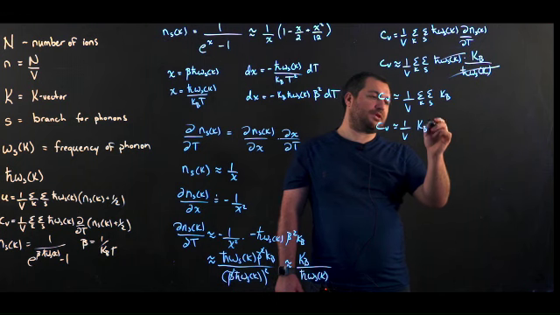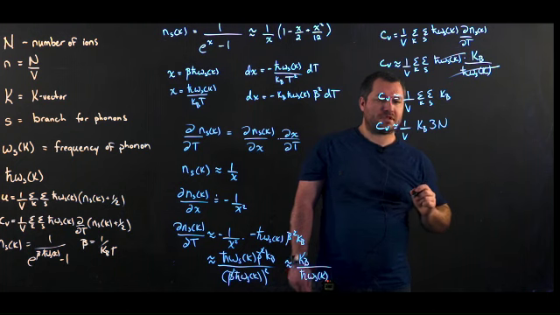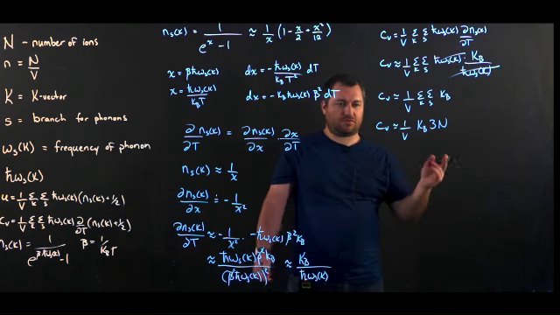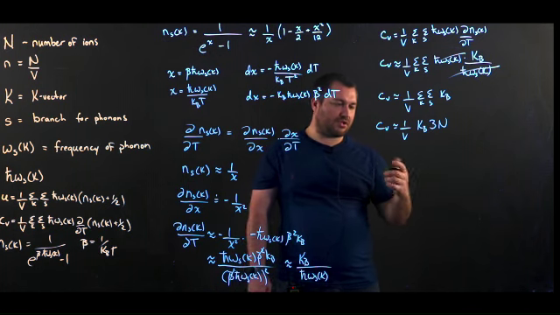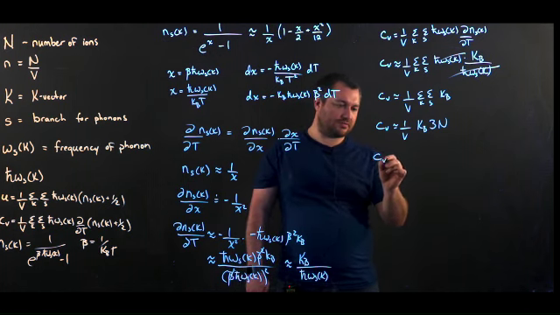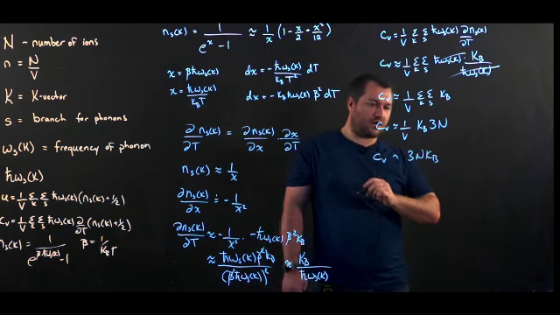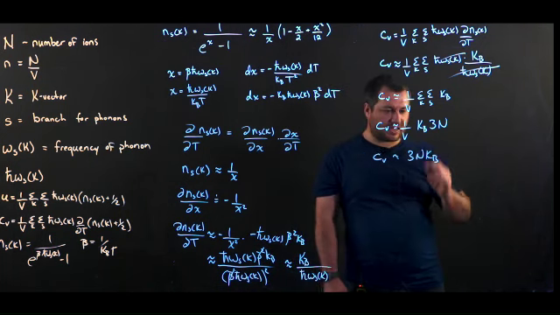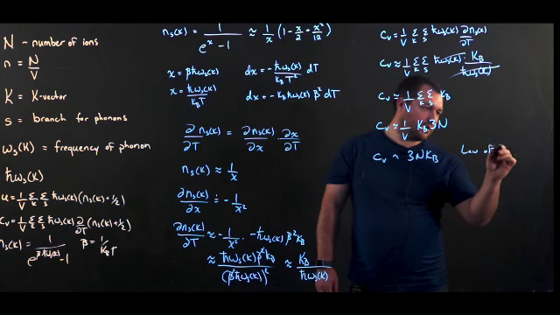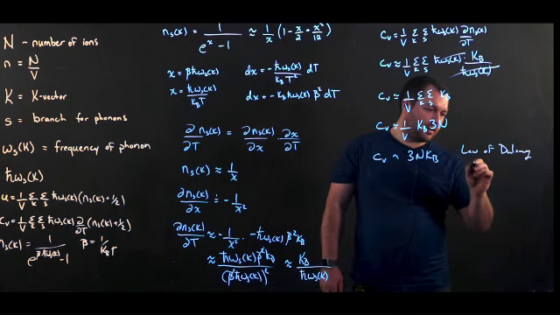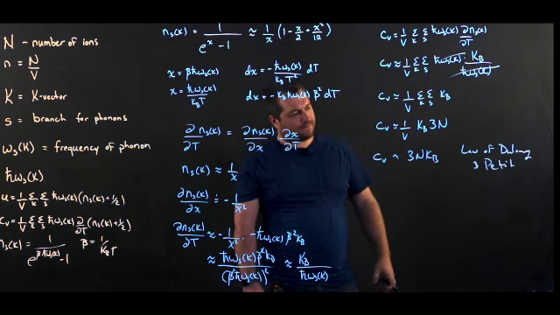This goes from 1 to 3, so I've got 3, and this is up to N, so I've got N. Now, for the volume of whatever object I'm caring about, this tells me that the specific heat for a particular object is going to be approximately 3N k_B for a volume of some object. So you take it for the whole volume, that's what you're going to get. And this agrees with the law of Dulong and Petit. So this actually agrees with the classical law.